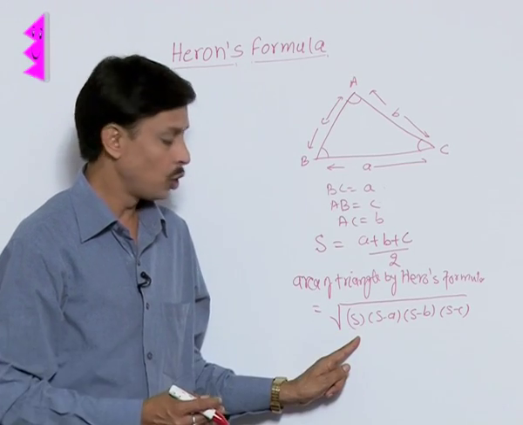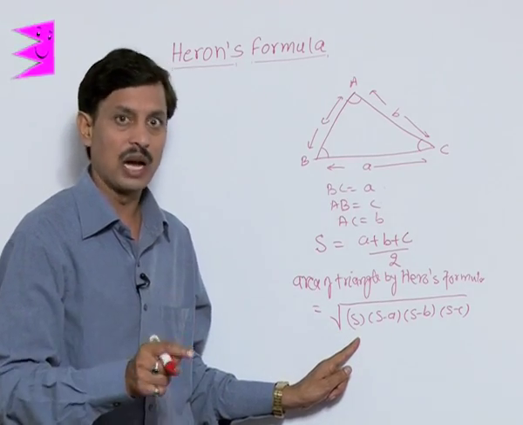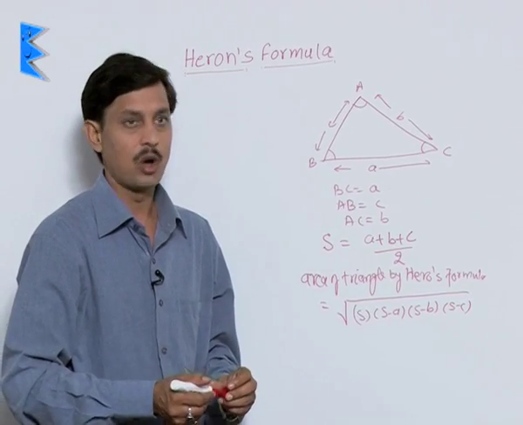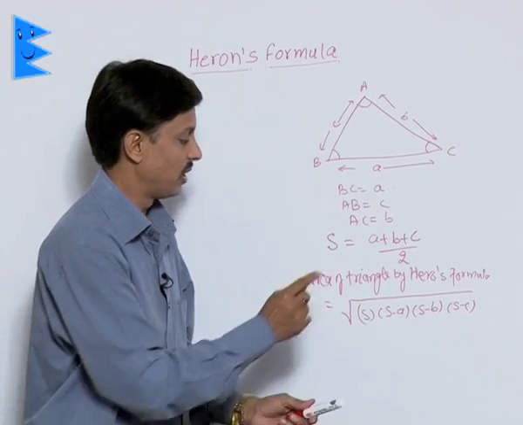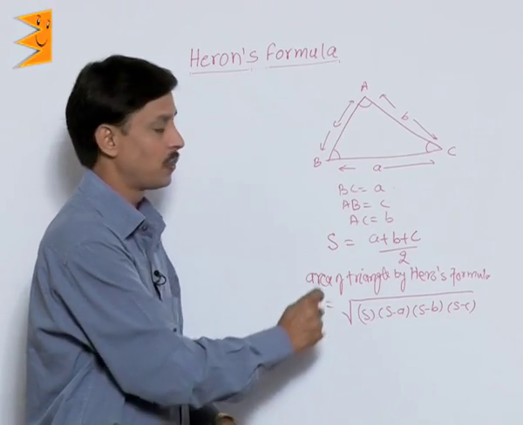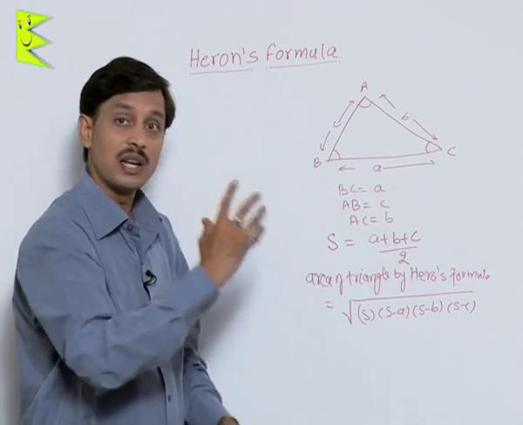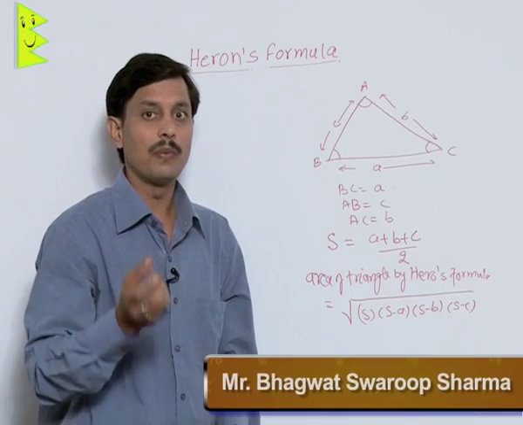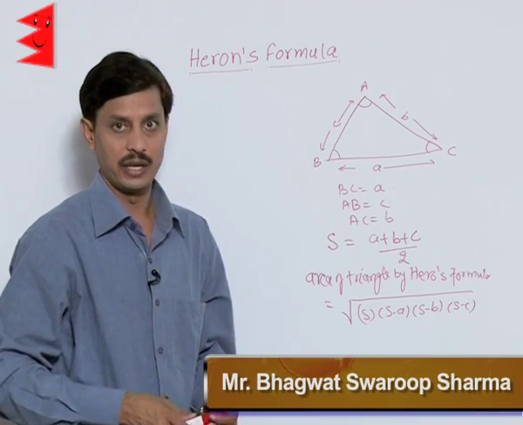This formula is known as Heron's formula. If the lengths of the three sides of any triangle are given, then its area can be calculated using Heron's formula. There are certain other formulae for calculating the area.